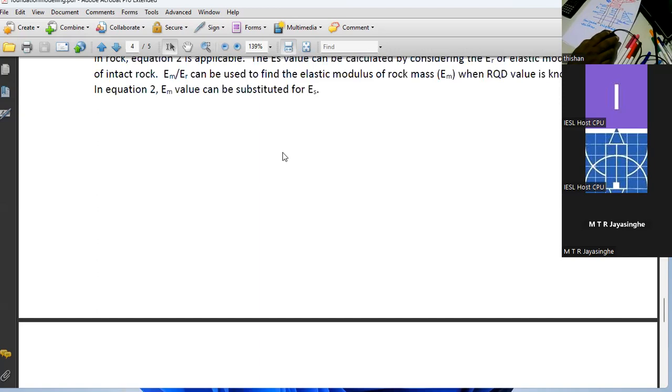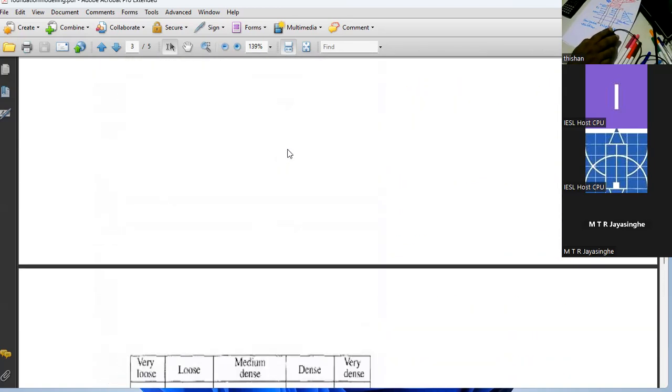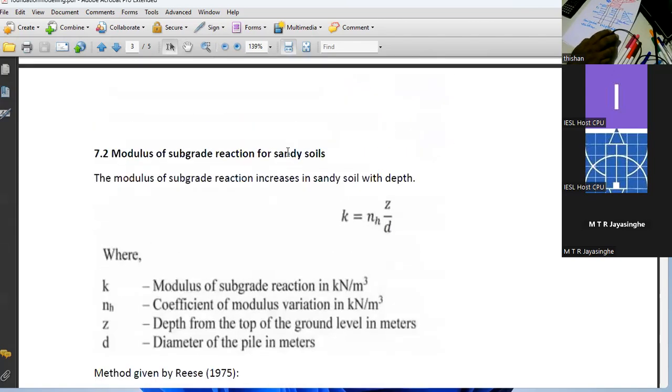But if you are having soil, you can see in the first 1 meter, if this value is 25,000, the resistance varies from 0 to 25,000, which means the average value is about 12,500. In the next 1 meter, the average value may be about 37,500, and then likewise it goes on.